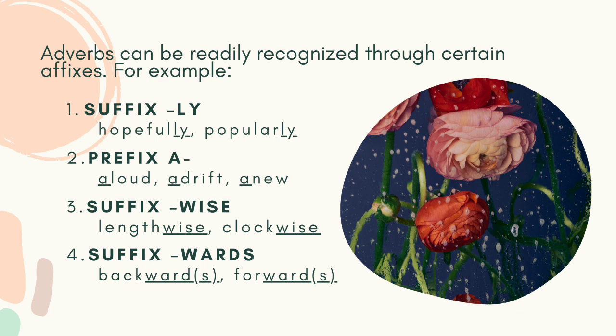Number 3 is suffix "wise." An example is length became lengthwise, and clock became clockwise. And lastly, suffix "wards." Back became backward or backwards, and for became forward or forwards.